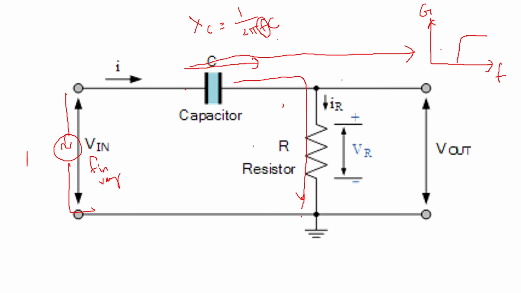Here it is the stop band, this is your cutoff frequency and this is your pass band. You are going to pass all the frequencies above the cutoff frequency and stop all the frequencies below the cutoff frequency. So this is how an RC differentiator circuit can also act as a high pass filter.